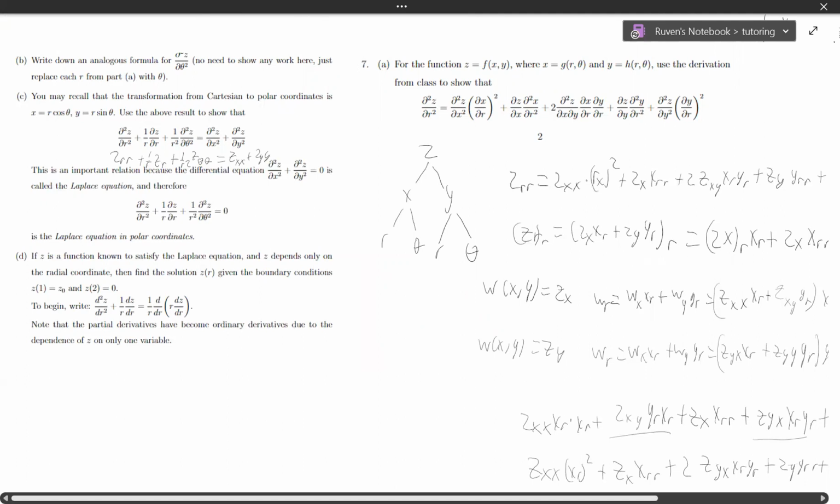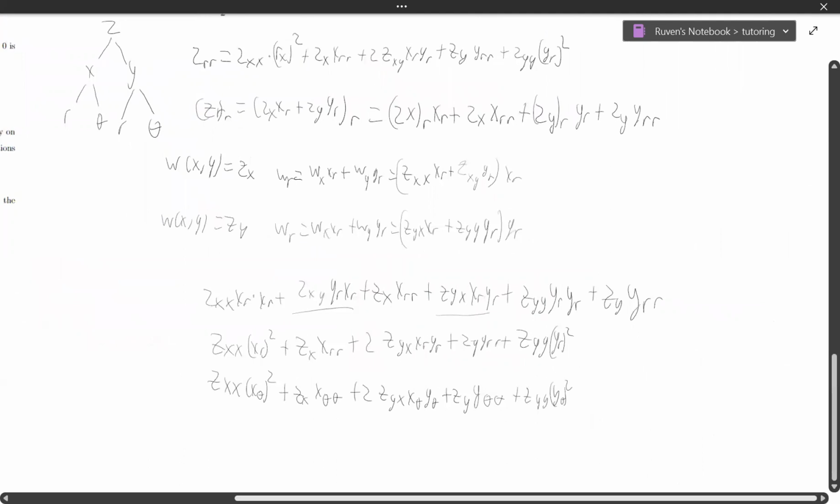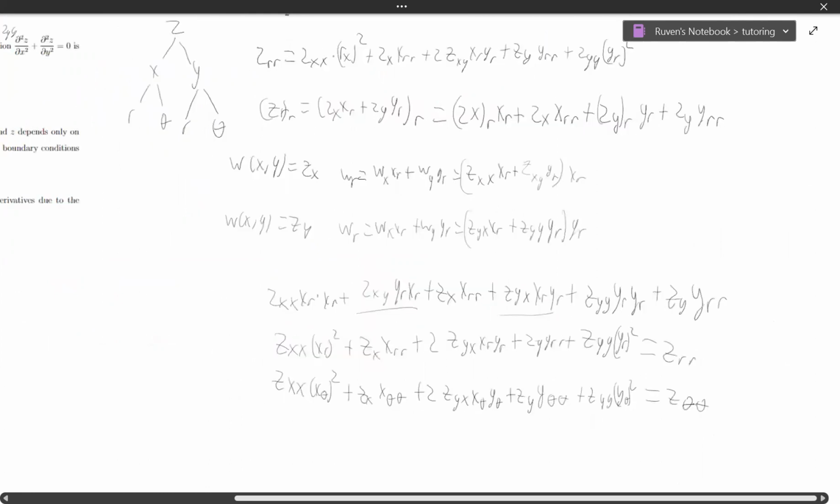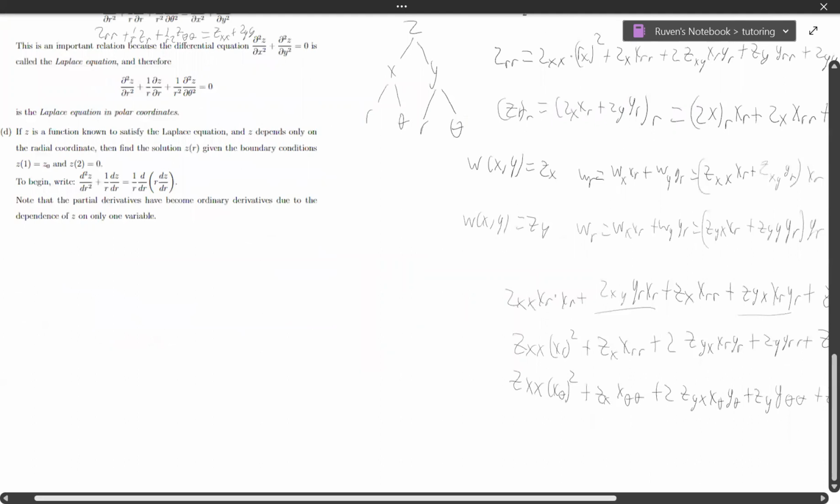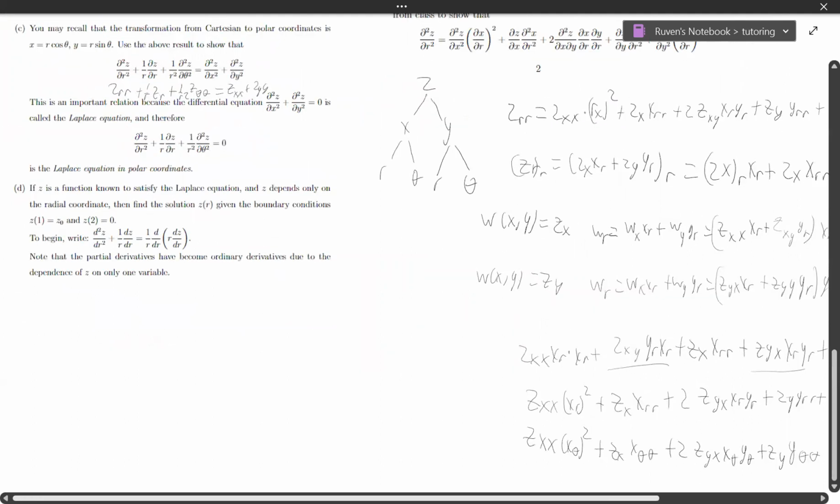So what we basically need to do is go through and plug and check. We're going to need to find zrr, plug it in, zr, plug it in, and 1 over r squared z theta theta.